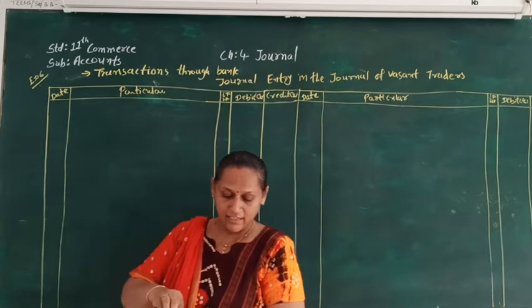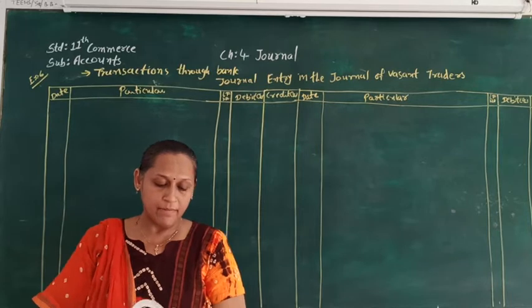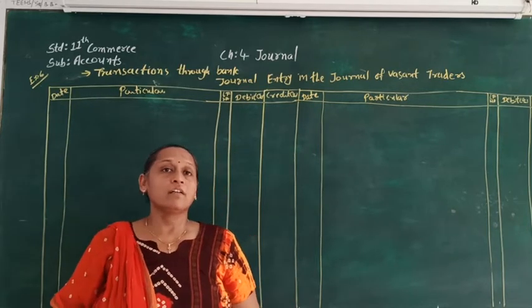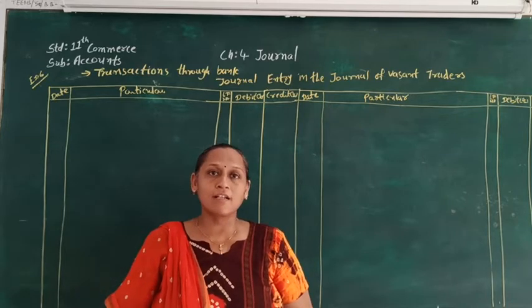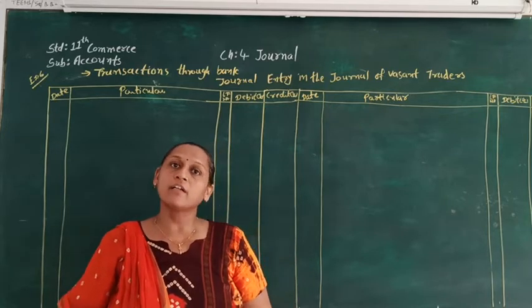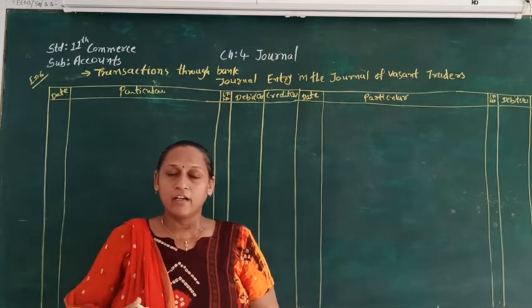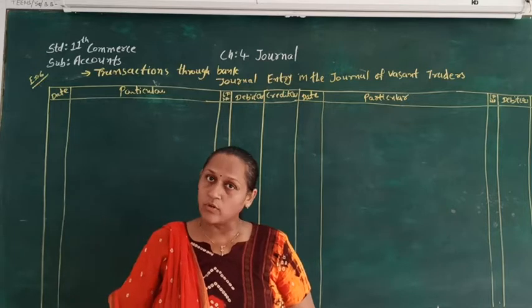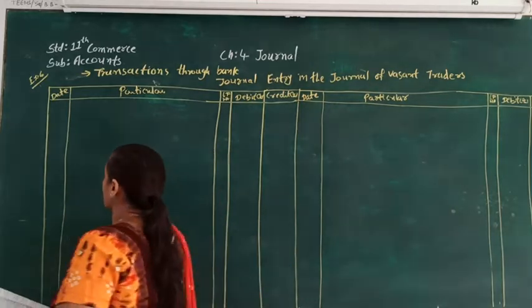Let's see transaction number 1. A current account is opened with SBI Bank by depositing 20,000. As we know, SBI is the receiver of the amount. Person account rule: debit the receiver. So bank account is debit, and real account rule: credit what goes out. Cash is going out of the business, so cash account credit.